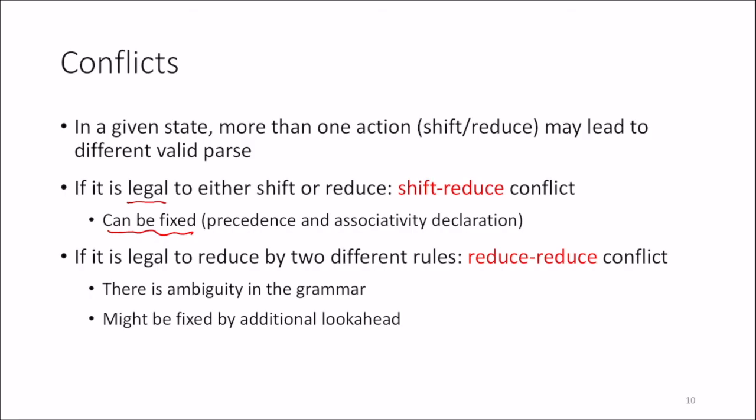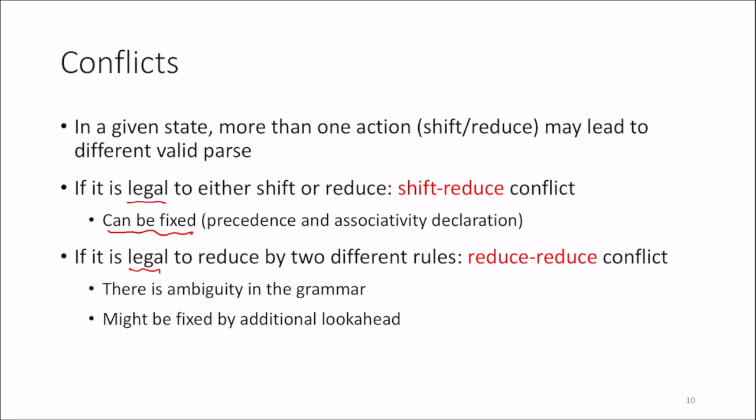If it is legal to reduce by two different rules at the same instant, so there's two sort of parts to the left of the separator on top of the stack, those are equivalent. So if I have two choices between two different rules, that's called a reduce-reduce conflict. In this case, there is a genuine ambiguity in the grammar.